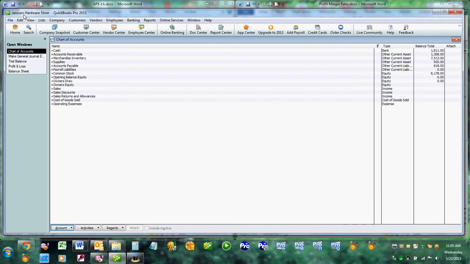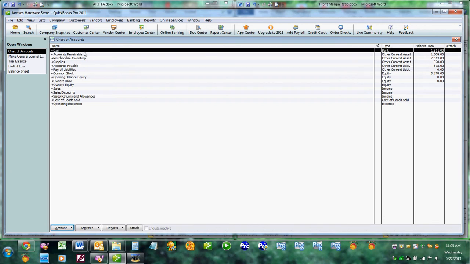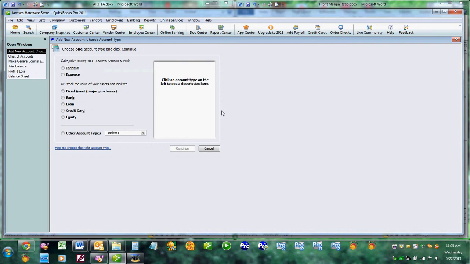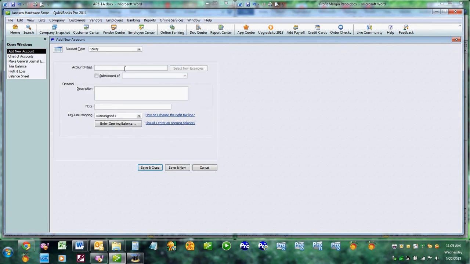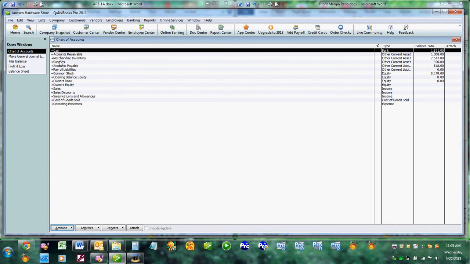The accounts get set up this way: what kind of account you want, say equity, continue, you put in the name of the account, and so forth. And then you create these accounts: cash, accounts receivable, merchandise inventory, supplies, accounts payable, payroll liabilities, ones that most of these pertain to the question at hand.